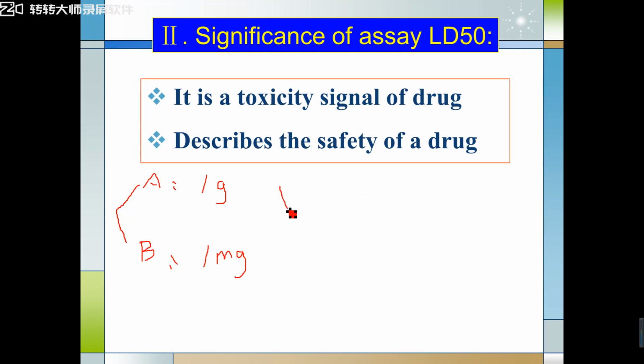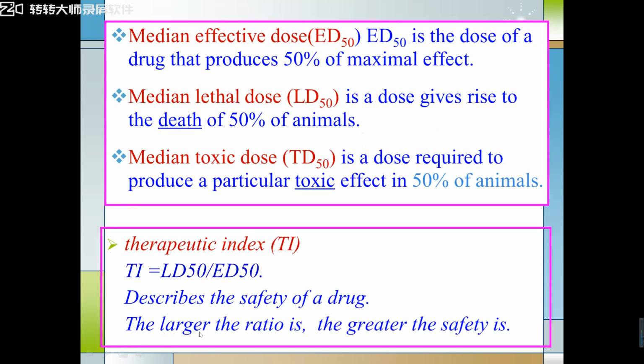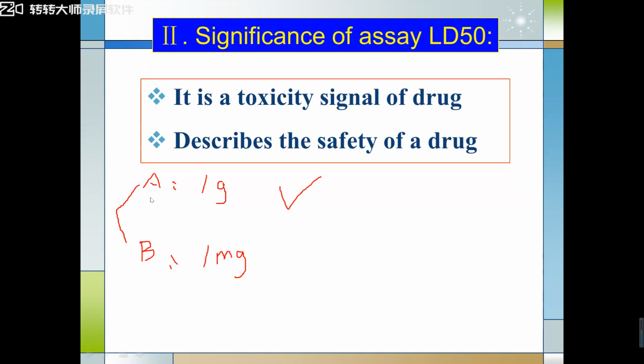We should use A drug. Why? Because, as we explained, the larger the ratio is, the greater the safety is. So in these two drugs, we use A drug.